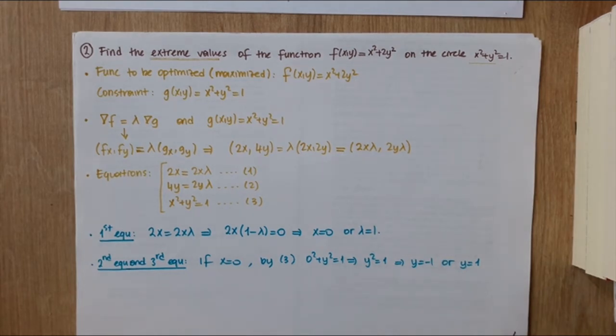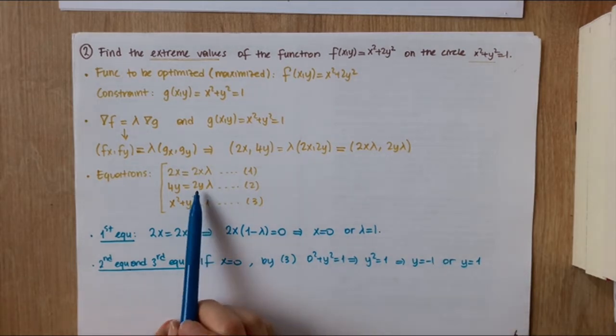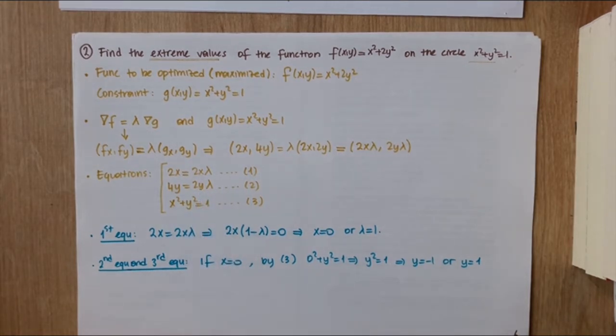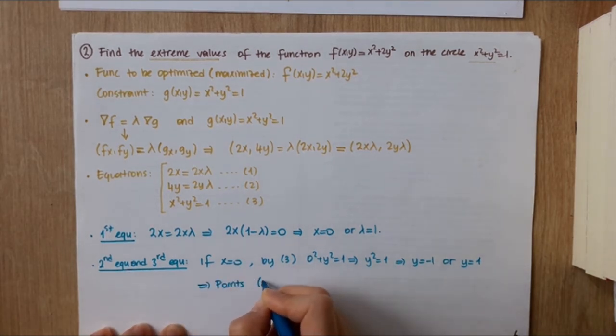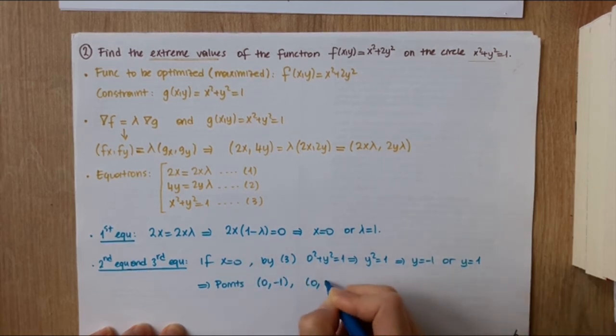If y is minus 1, I can obtain lambda using the second equation, but there is no need to find lambda because we are looking only for the points. So the points are x is 0, y is minus 1, and x is 0, y is 1.